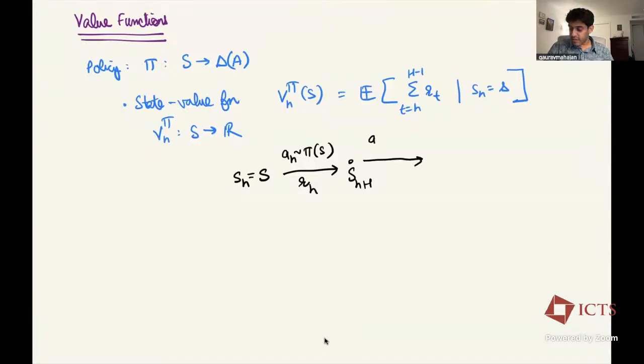Then you choose AH plus 1, you get another reward, RH plus 1, and so on, until you reach the final step. So the value function is looking at the sum of these rewards: what's the expected value of the sum of rewards under policy pi?